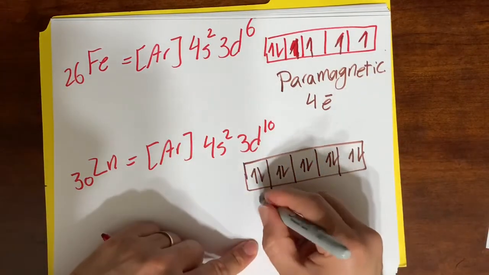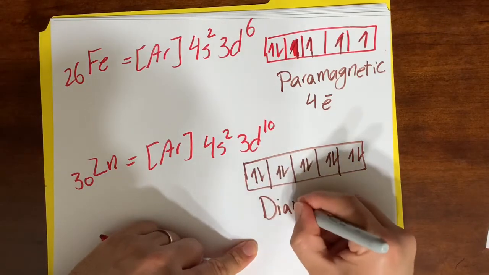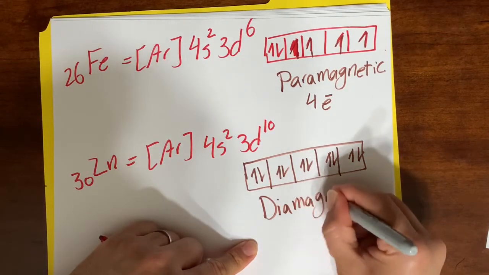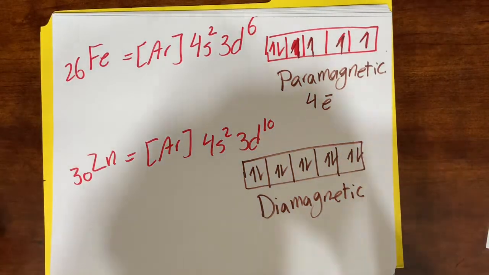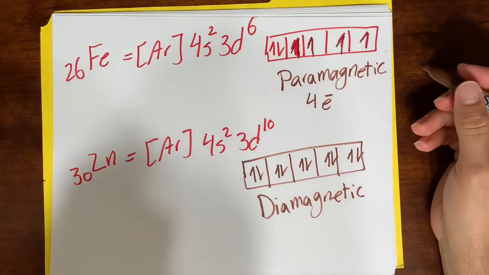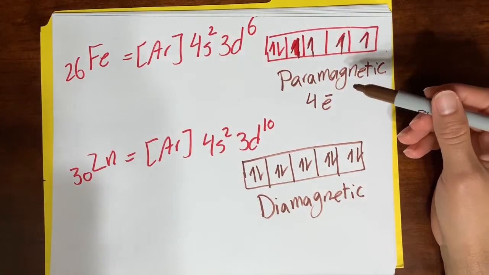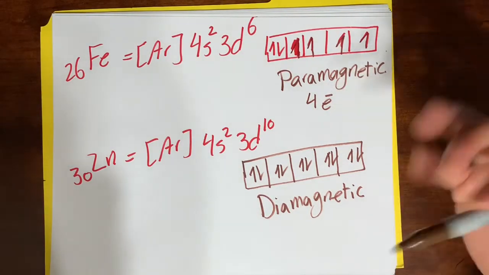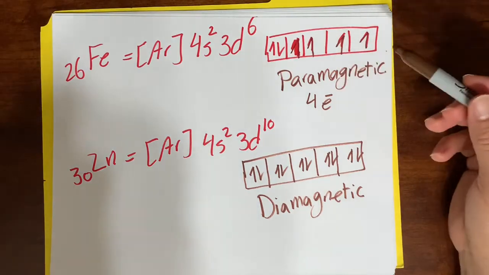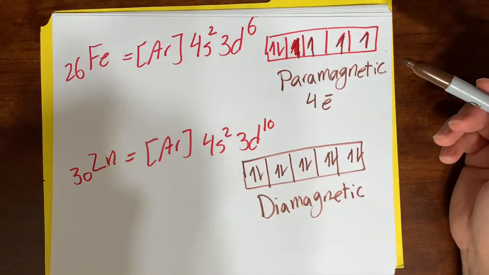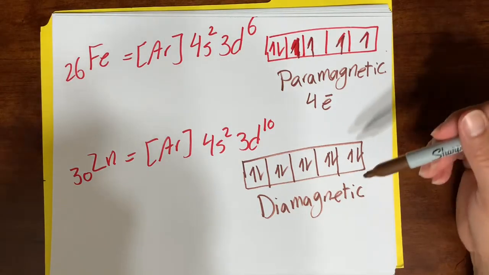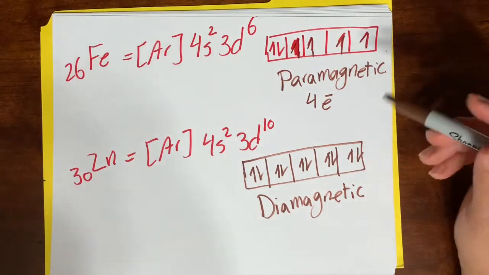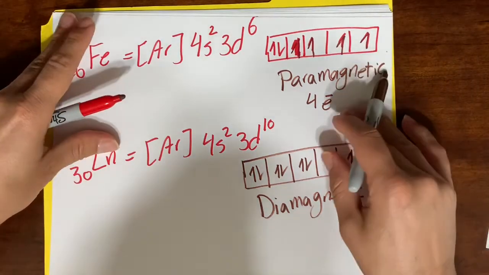So this one will be diamagnetic. How many unpaired electrons do I need to have the element paramagnetic? One or more is enough to make the element paramagnetic. And for diamagnetic, you do not have any unpaired electrons.